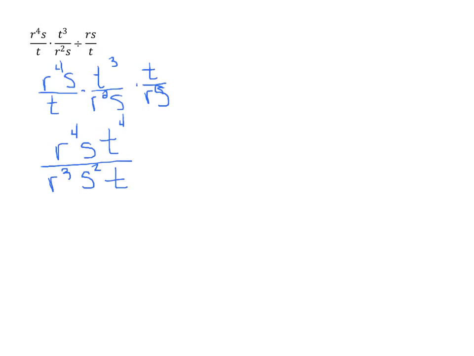If you write everything in order to the best of your ability, obviously it's going to help you see better. So there are 3 r's here. If I take away 3, I'm left with 1. 1s, so I take away that one. Here I've got 1t, which means that this leaves me with t cubed. So I have r t cubed over s.